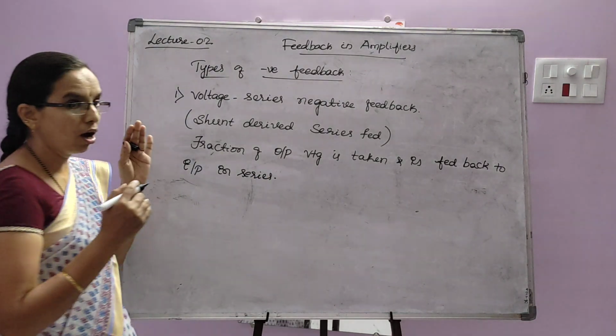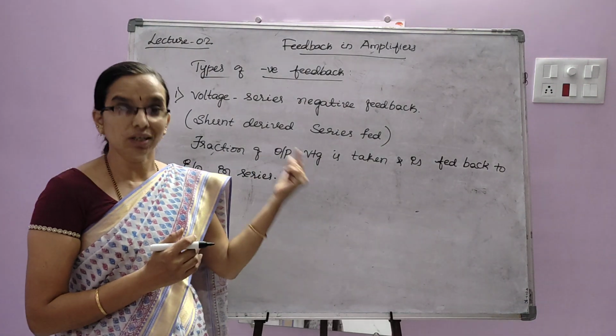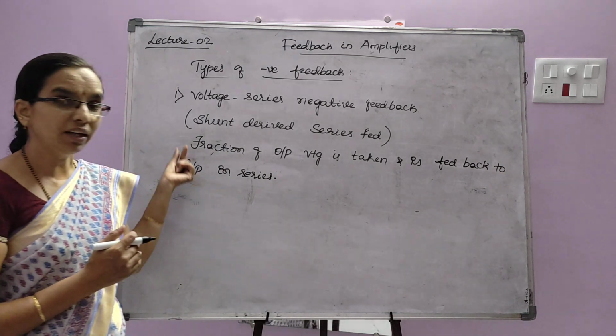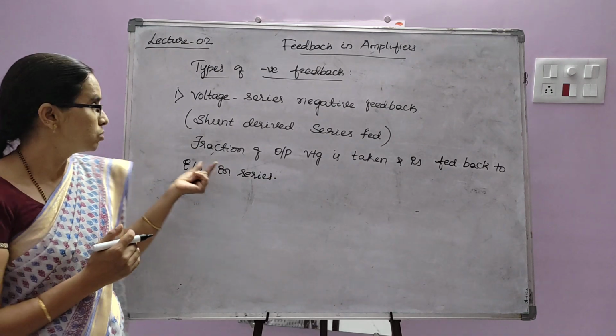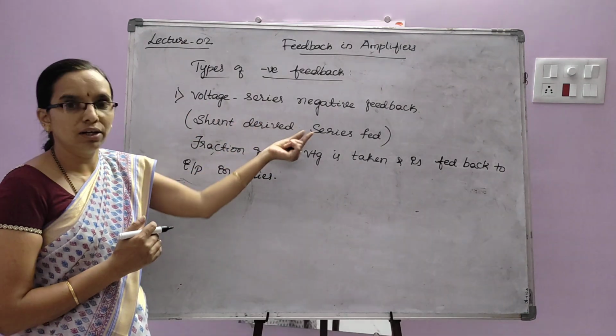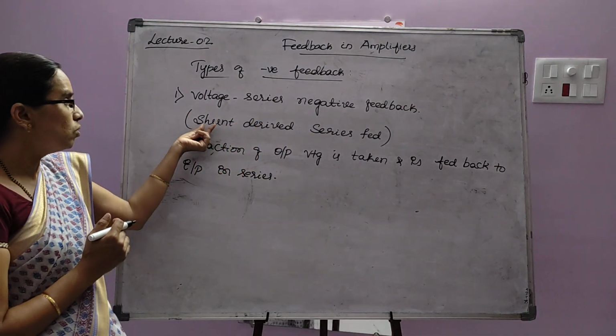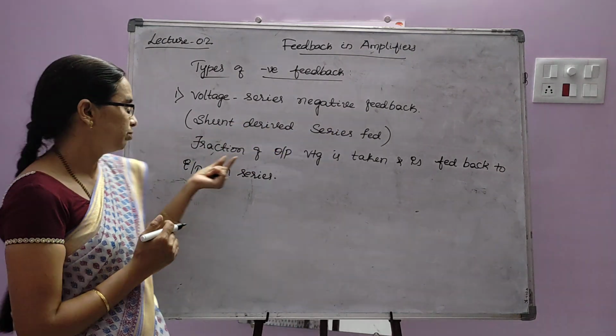That means from the output side we are taking the voltage output and giving it back to the input in series connection. So it is called voltage series negative feedback connection, or also shunt derived series fed.